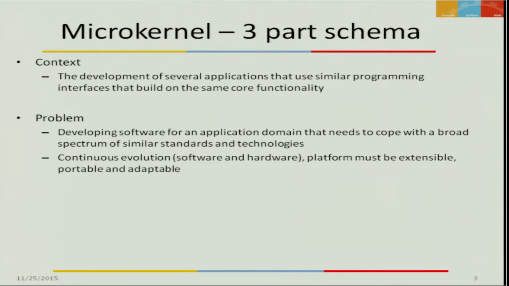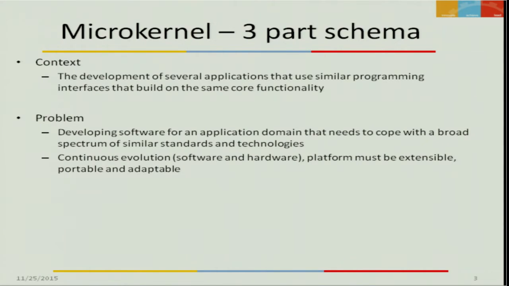And importantly, it is adaptable, because as and when the standards and technologies vary, within the similar spectrum of course, the change required on this system should be minimal. In other words, it should support continuous evolution of the platform. It should be portable and adaptable.